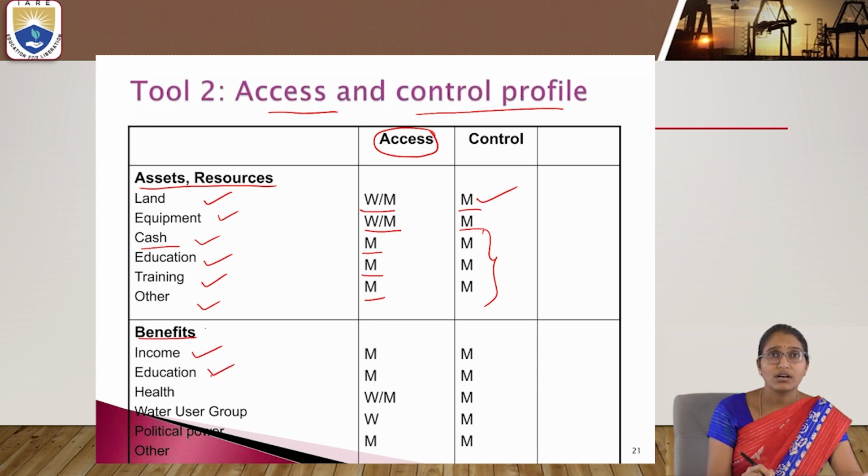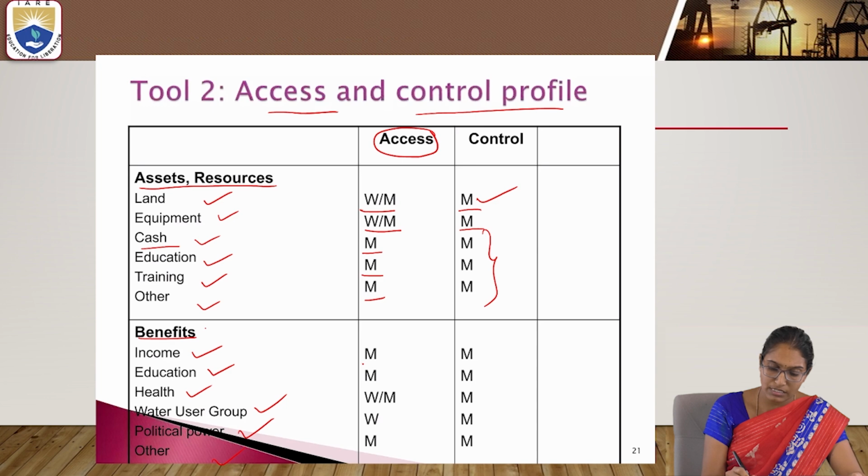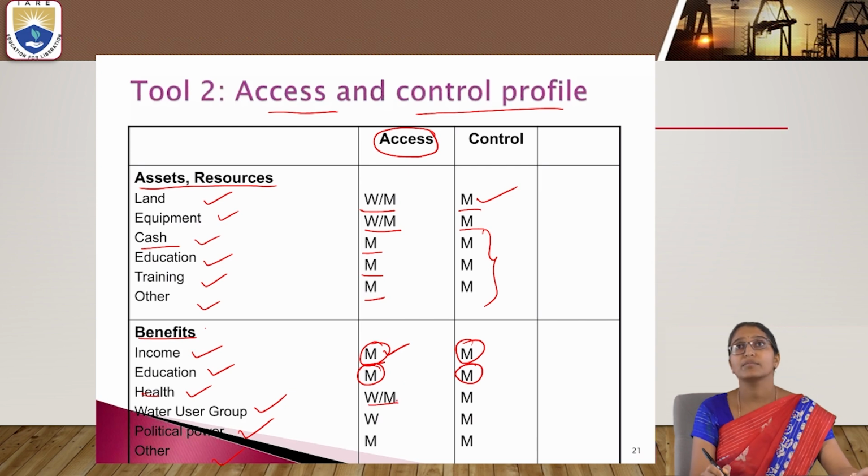Benefits upon education can be some job, or how you have improved based on the education. Health and water user group, political power and other ways. The income access and benefits go only to men with respect to money, and they have control also. Education is mainly for men, and control is also with men. But health can be for both women and men, though the control is only with men.